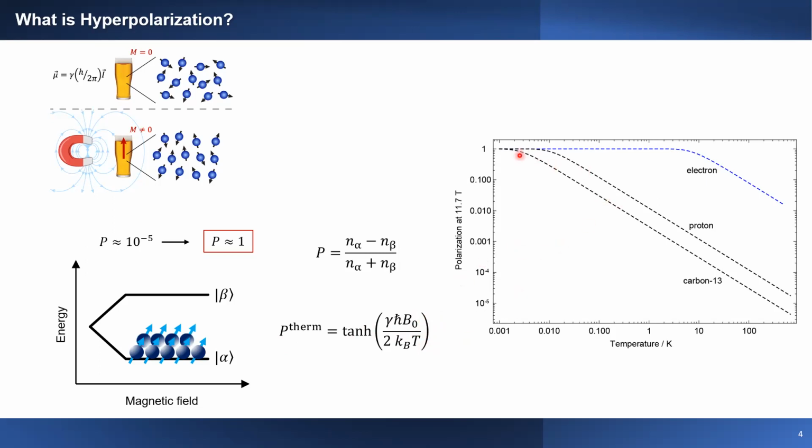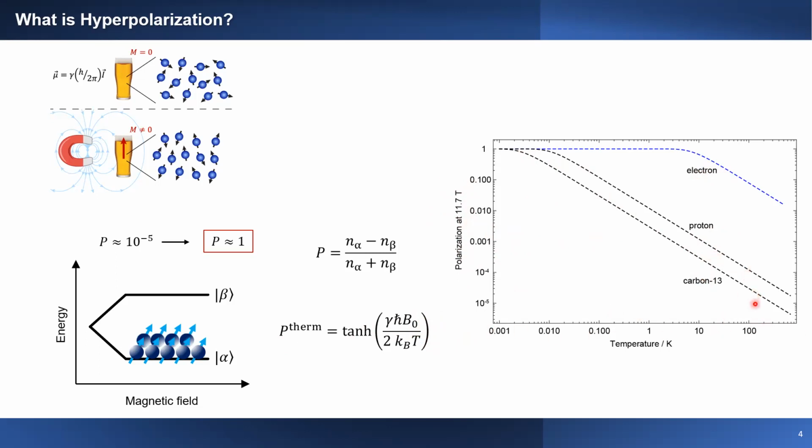Here I've plotted the polarizations of three different spin-half particles at a magnetic field strength of 11.7 Tesla, which corresponds to what we'd more colloquially call a 500 megahertz proton resonance frequency, at different temperatures.